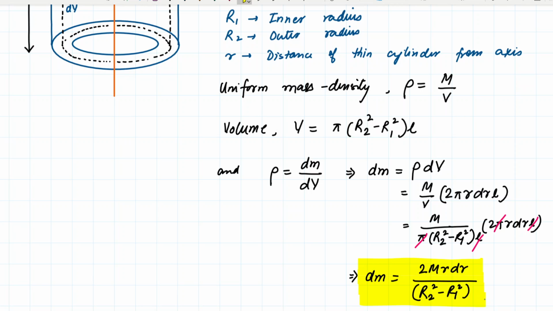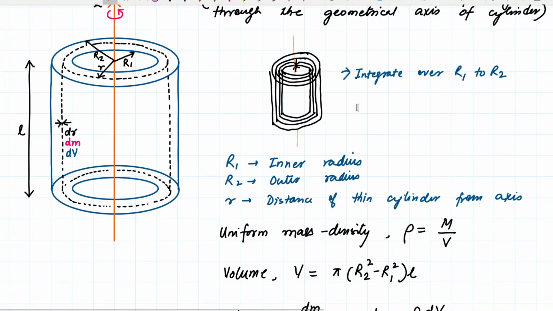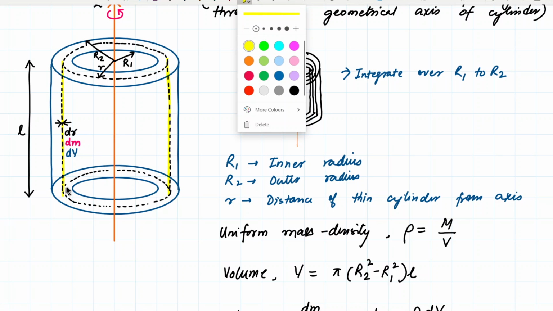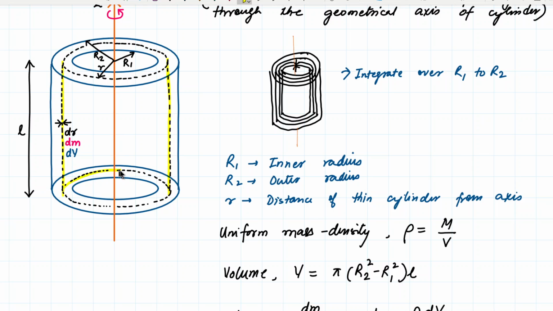This is the dm, the mass of this cylindrical structure that you can see here, the extremely thin cylindrical structure.